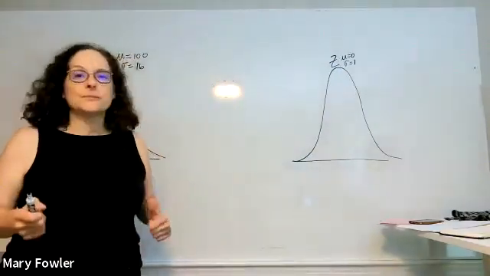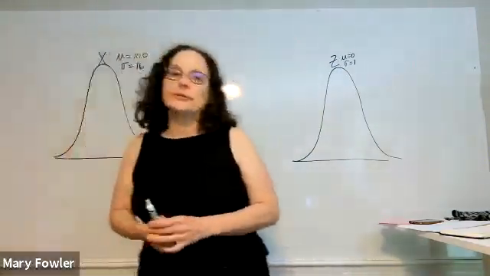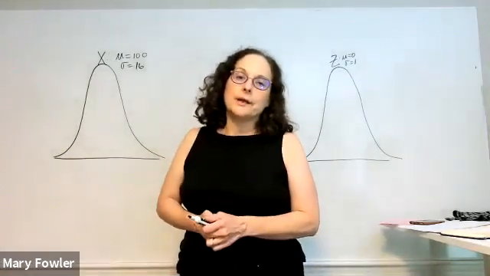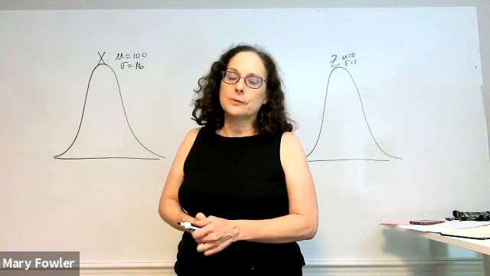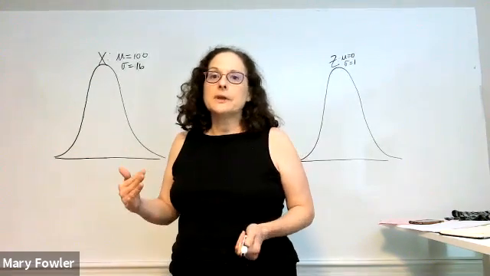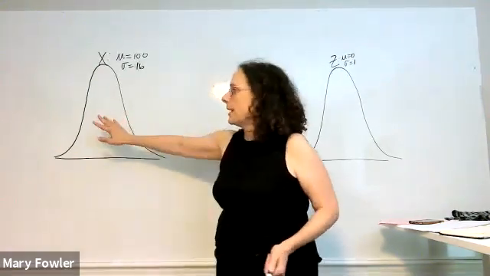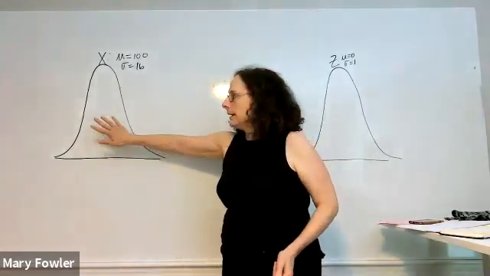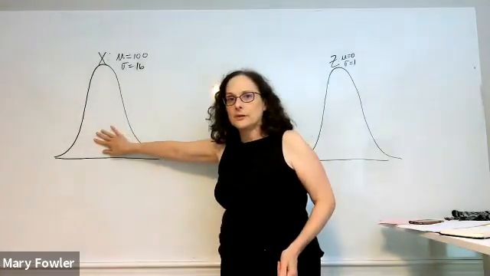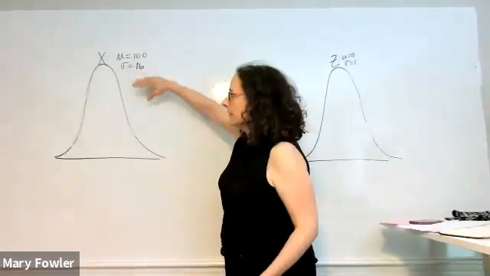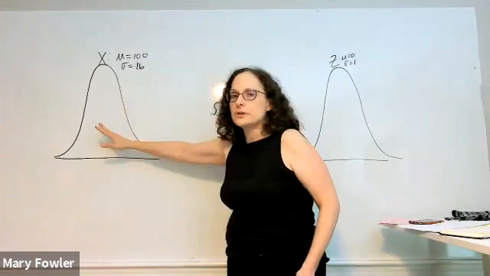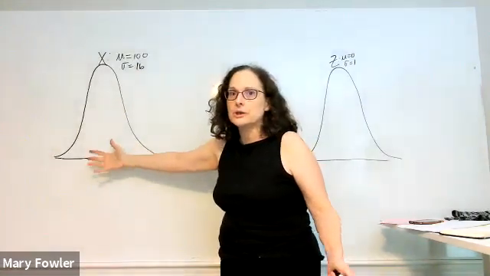Hi. So we're working in chapter 6, section 3, on normal random variables. In the last couple of videos, we were working on problems where the x values were known and we had to find the area associated with some particular region.